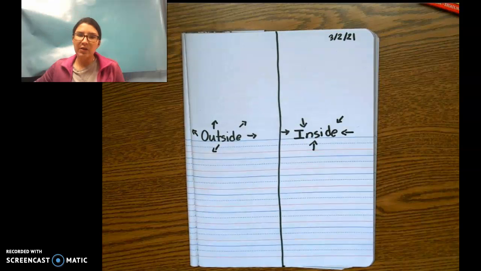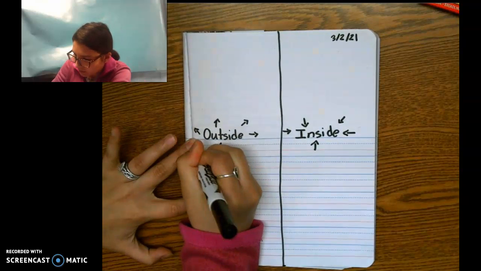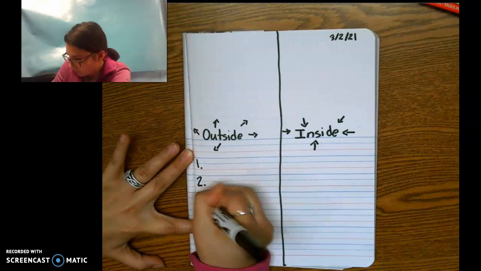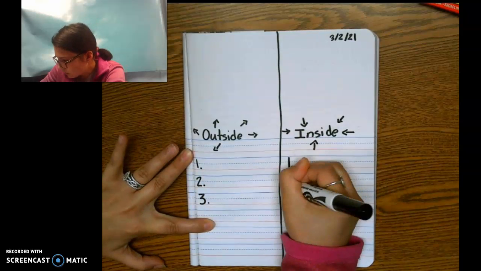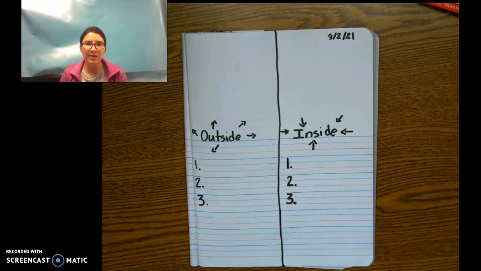Okay. And what you're going to do now is write 1, 2, 3, 1, 2, 3. I'm going to give you a little bit to copy this. You might need to pause the video too.